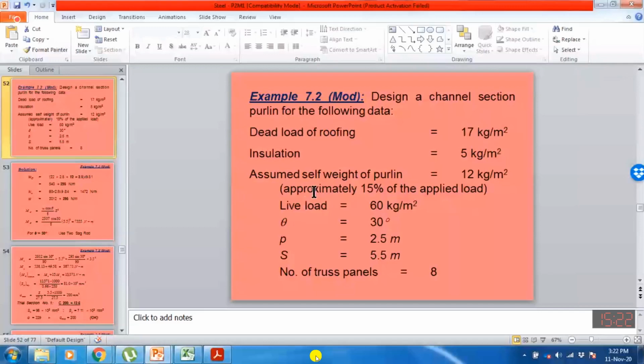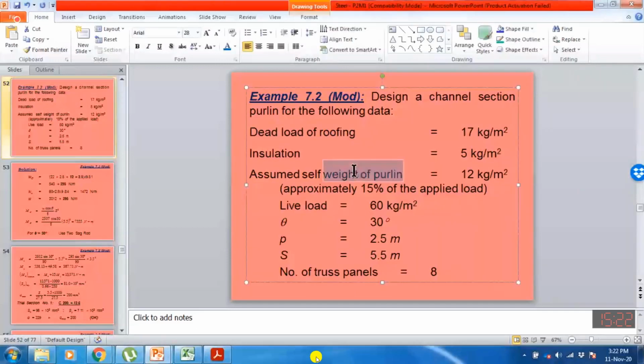At the start, we will assume the self weight of the purlin also. The self weight of the purlin is assumed approximately 15% of all applied load. You can also assume this, or you can consider the same load that I have provided.